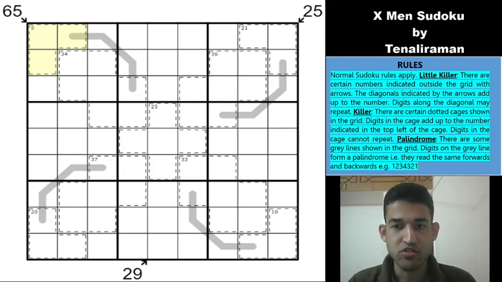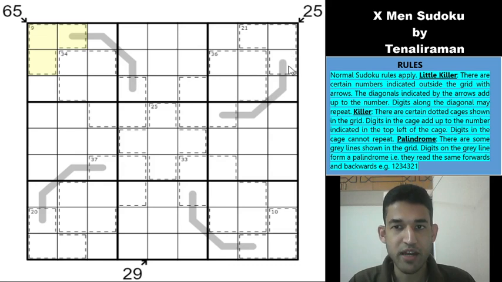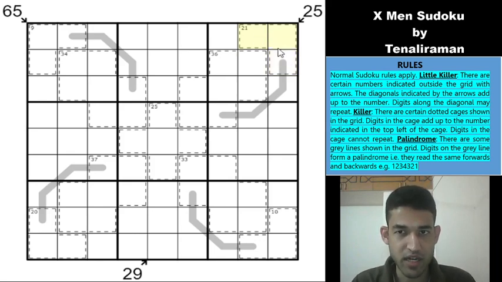By basic information I mean, for example, you have a 21 here. 21 has many possibilities. It can be 489, it can be 579, or it can be 678. But if you have a 24 here, then we can quickly write the possibilities as 7, 8 and 9, because the maximum possible value from 3 cells is 24. That is what I mean when I say basic information.